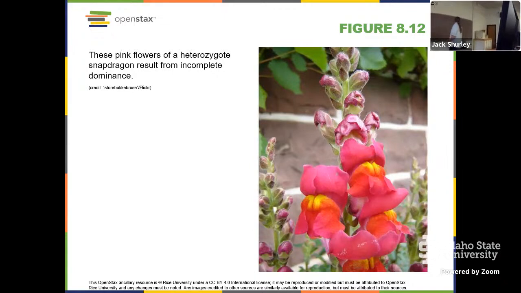Now, we can take some pink snapdragons and it's one of each, right? So we can have an R and a W, and an R and a W. And when we do this Punnett square, we wind up with one of them that's red, one of them that's white, and two snapdragons that are pink, right?